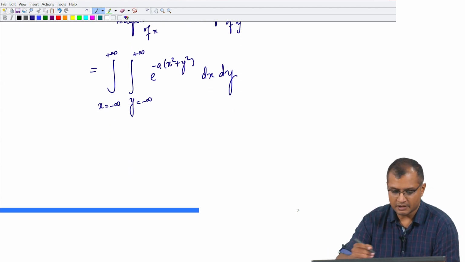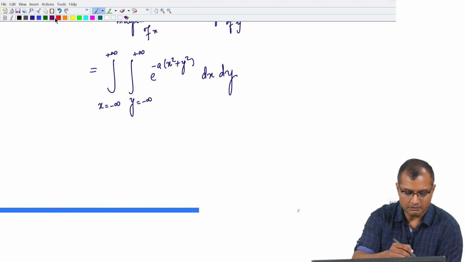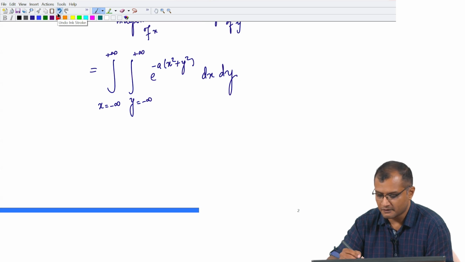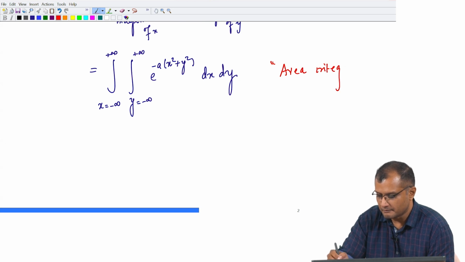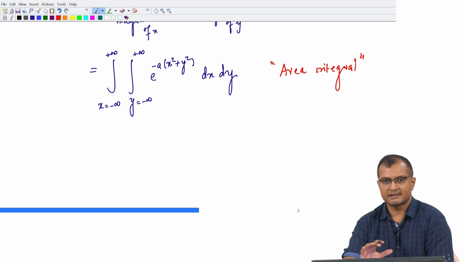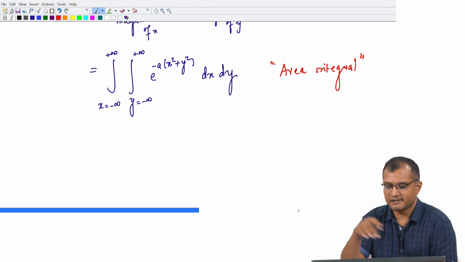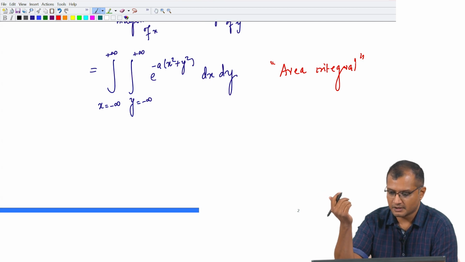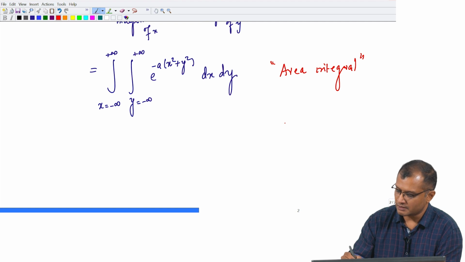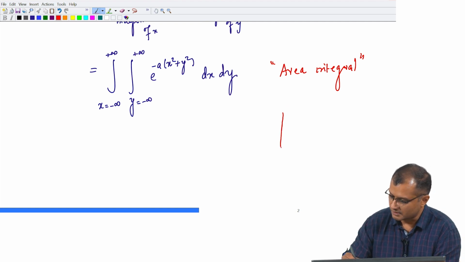And then I can pause here instead of proceeding further, and notice that this is nothing but an area integral. I have taken a function e raised to minus a times x square plus y square, and I am doing an area integral of this function. So, I can make some substitutions already. This is a 2 dimensional integration.